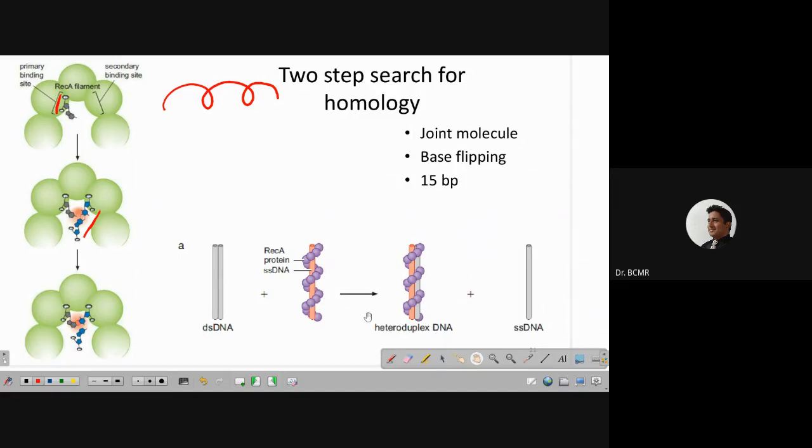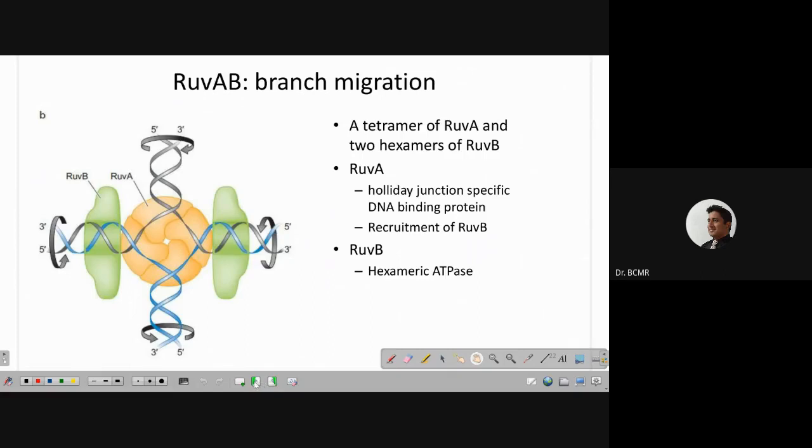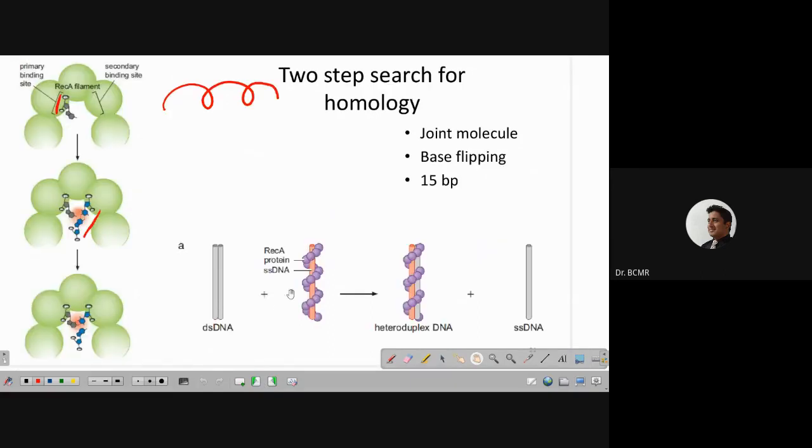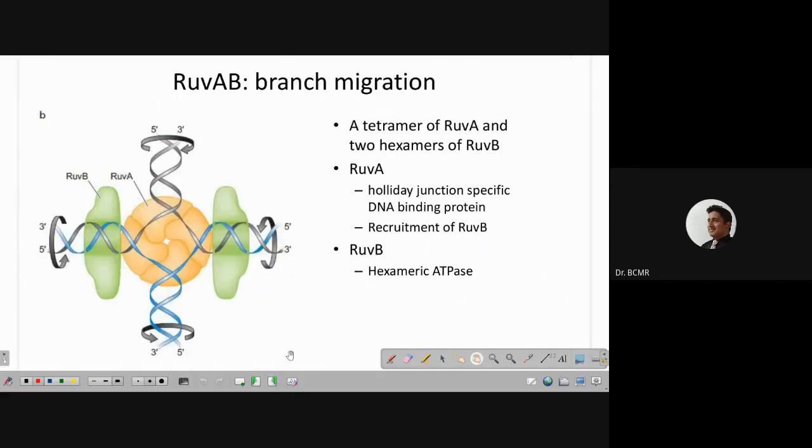Okay, that is how RecA can exchange DNA strands between DNA molecules. The next step: RecA mediates the strand invasion, right? And now we have to see branch migration, and it is mediated by a complex called RuvAB. It is a tetramer.